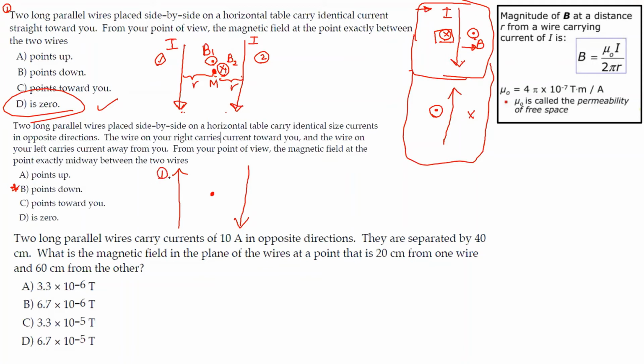This is the first wire, second wire. From the first wire, this point is towards the right, so it is going into the plane, or if you think of your page like this, downwards.